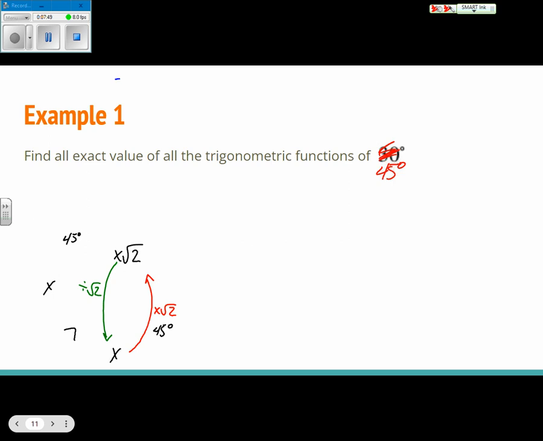And what we're wanting to do is sine, cosine, tangent of 45. And then the cosecant, secant, and cotangent of 45. Okay, so hit pause on the video. I'm going to work it out while you do, and then we'll see if we get the same answer.